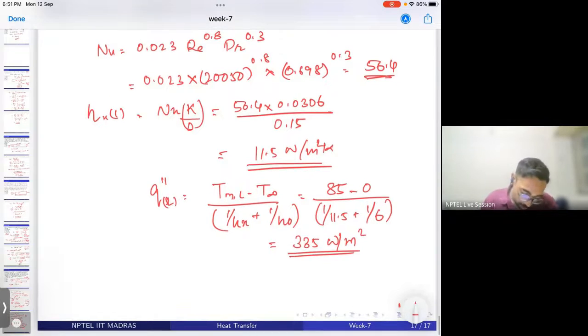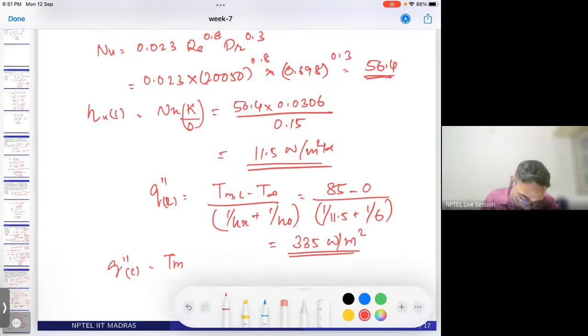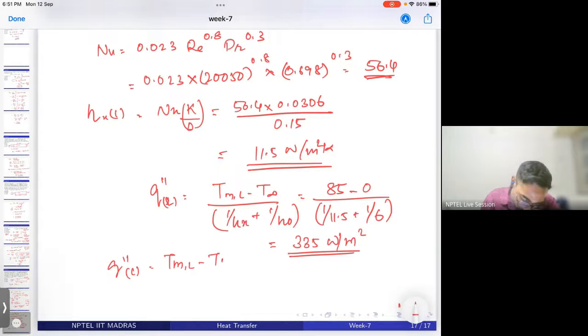So now just substitute this. T_ml minus T_s divided by 1 by h_x equals the heat flux.